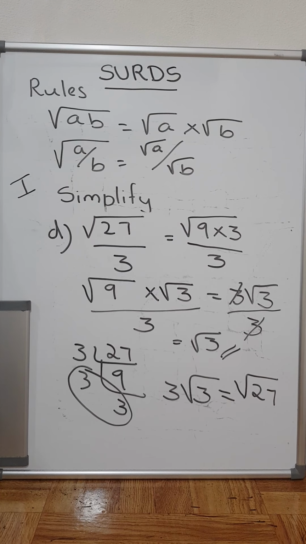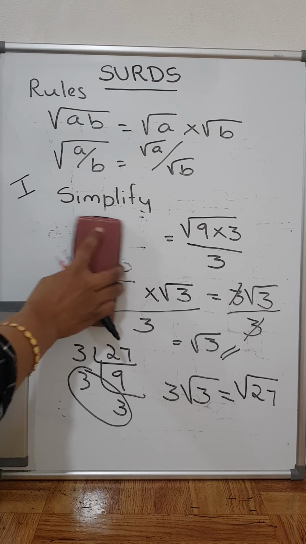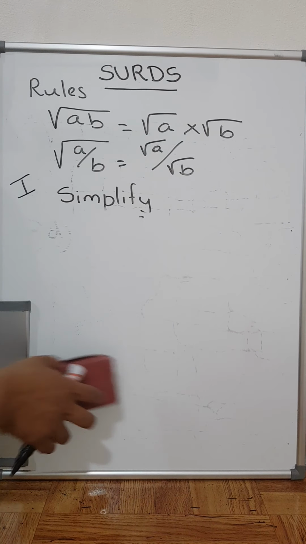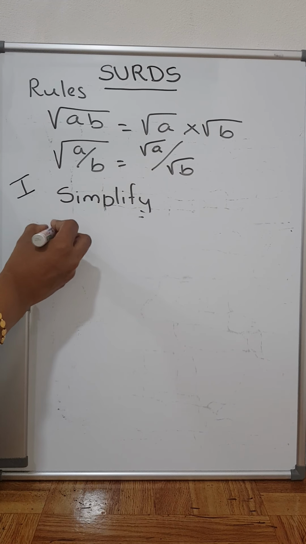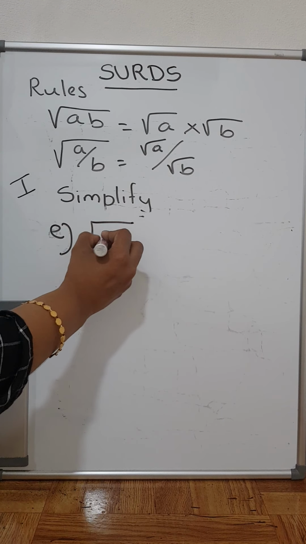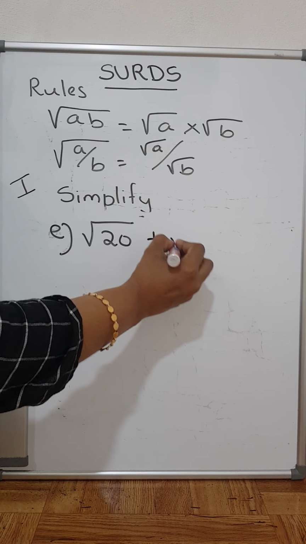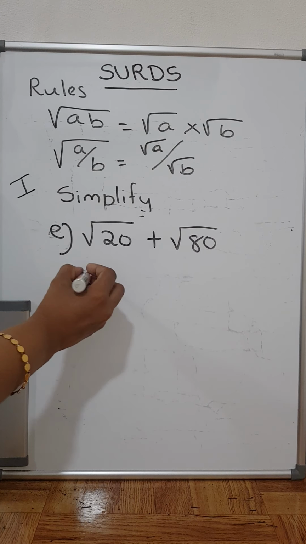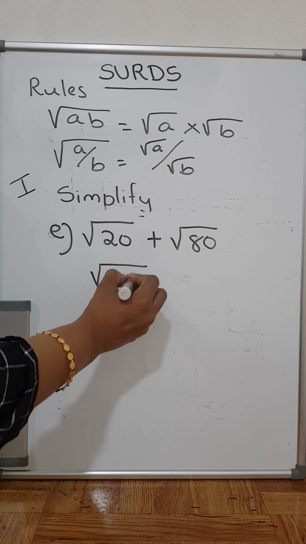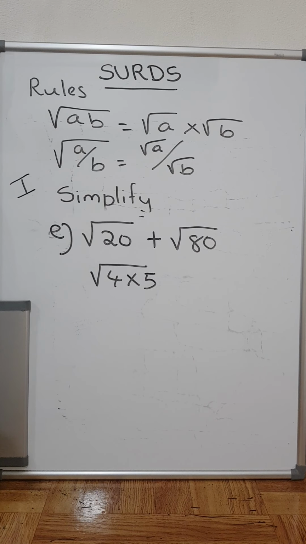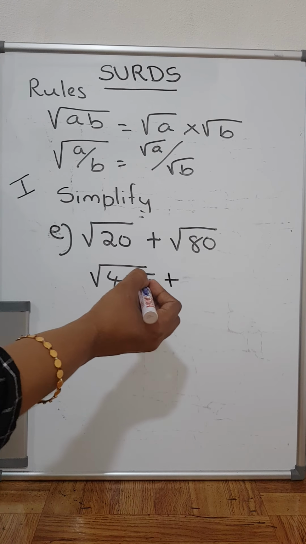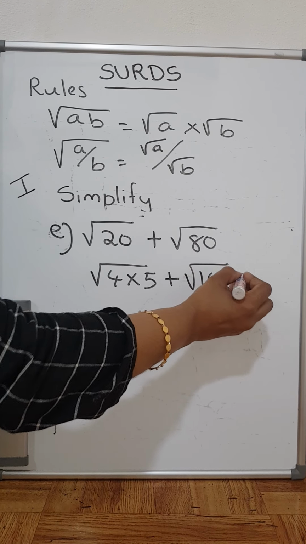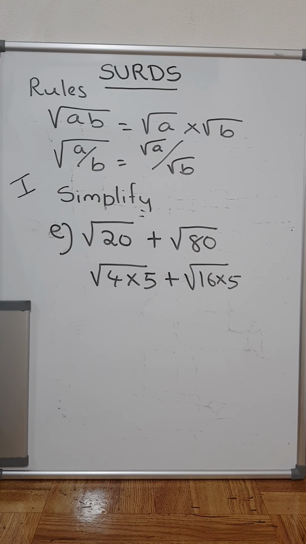Let's see another problem. Square root of 20 plus square root of 80. 20 can be written as square root of 4 times 5, because 4 is a perfect square, and 80 can be written as square root of 16 times 5 because 16 is a perfect square.